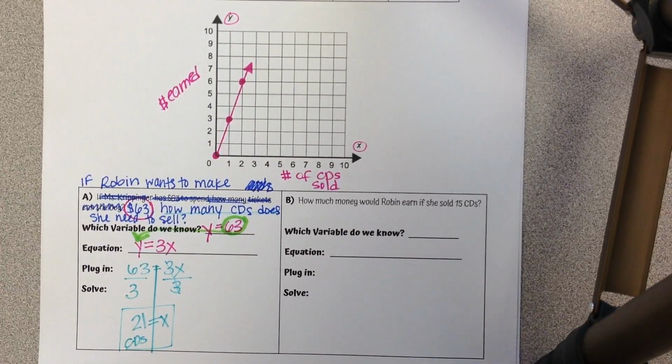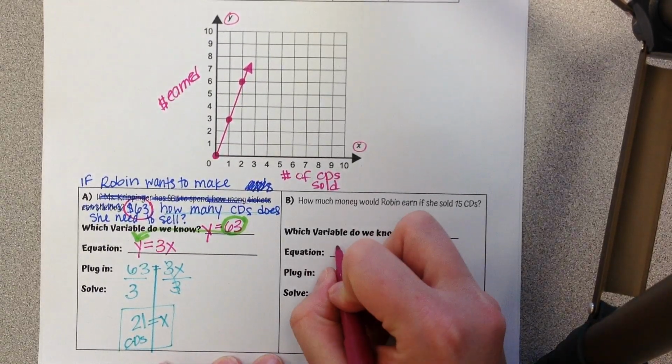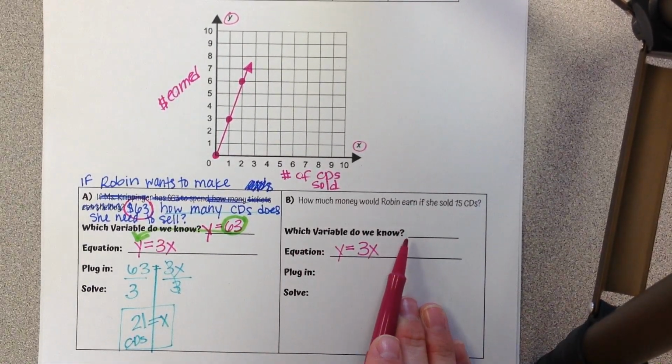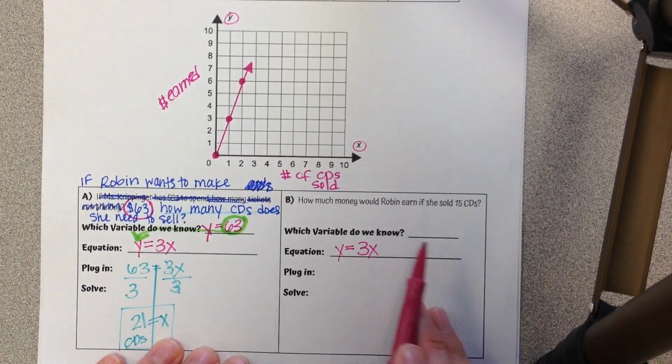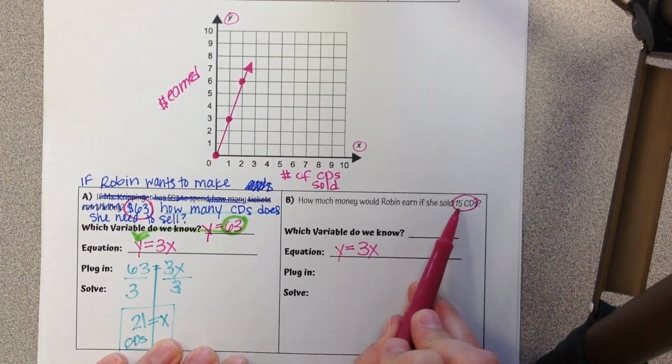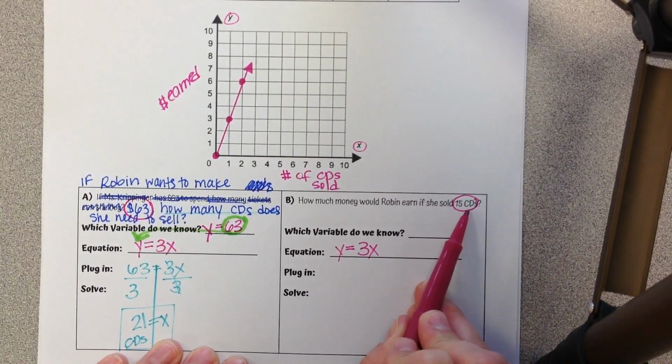Part B, how much money would Robin earn if she sold 15 CDs? Okay, so I need to figure out which variable I already know. I know my equation is y equals 3x, but do I know what the x equals or do I know what the y equals? I'm going to circle my number. She sold 15 CDs.